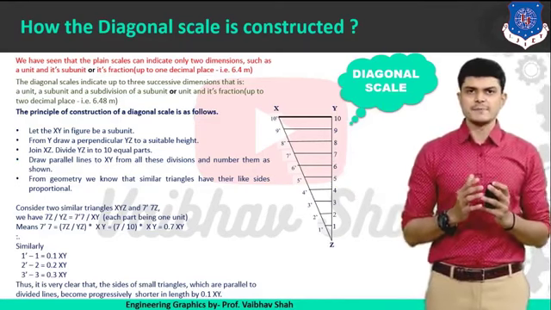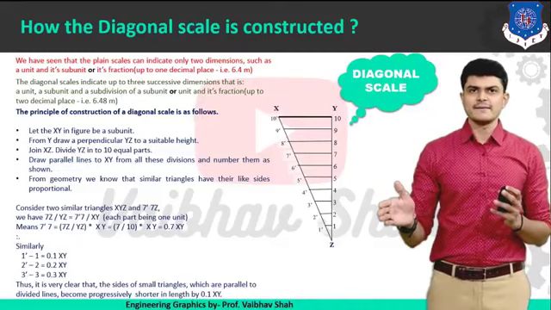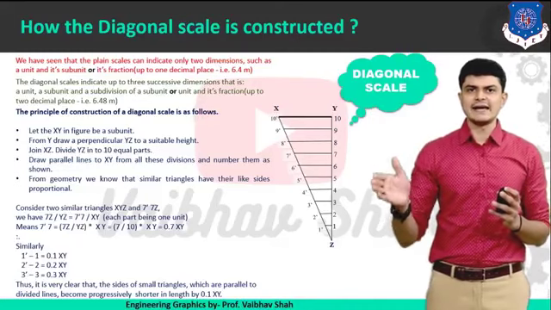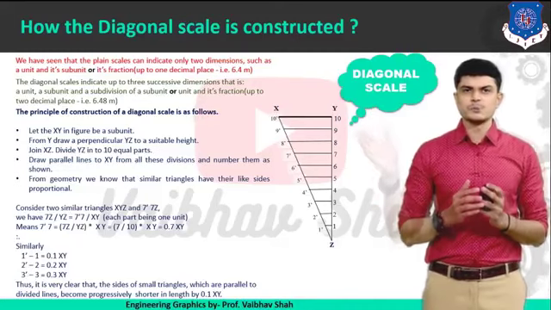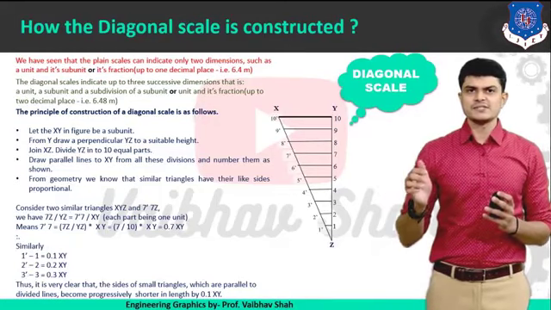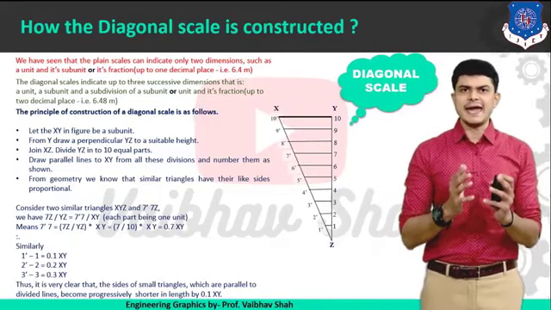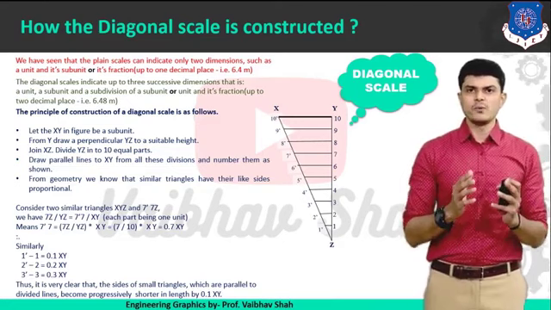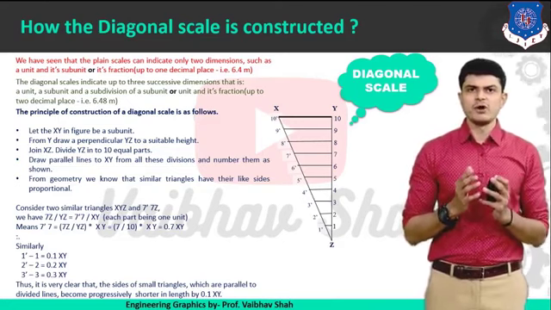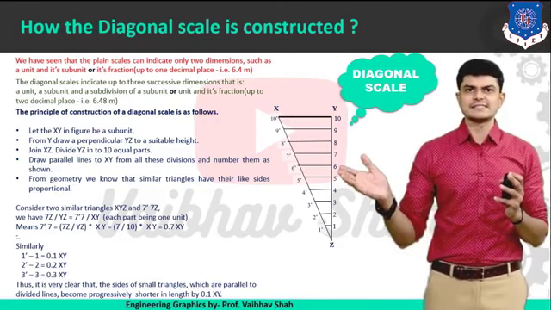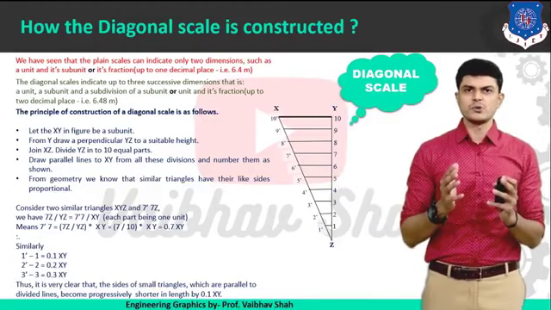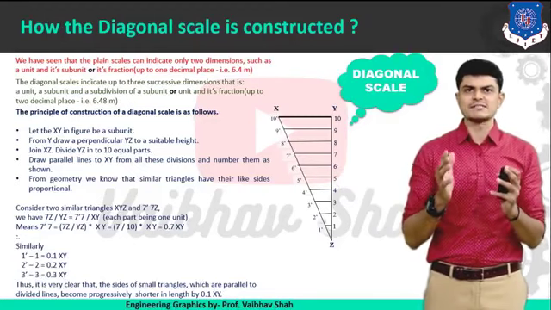Let us start with 7z divided by yz equal to 7, 7 dash divided by xy. Now we want the length of your 7, 7 dash line, so let us convert this equation to 7, 7 dash.